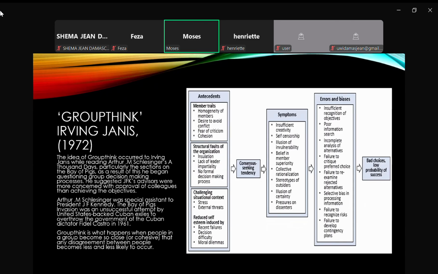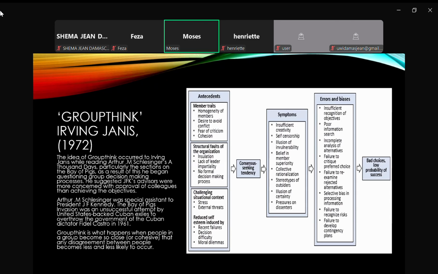There's a concept called groupthink. Irving Janis brought the concept called groupthink. Groupthink is a concept where people have been working with each other for so long that they start fearing opposition or dissent.